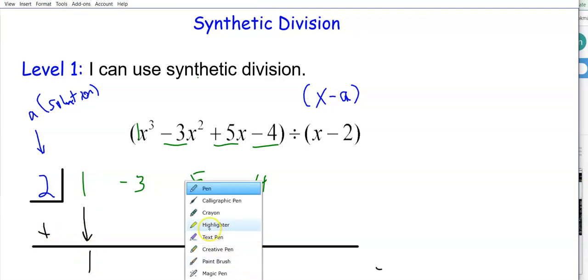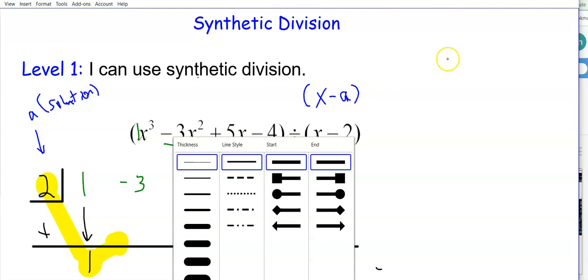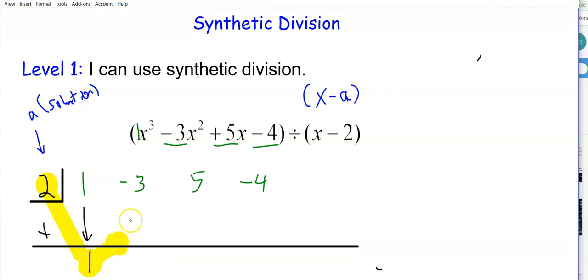Now to get the next term, you take this term times this term and put it up here. So we're going to take 2 times 1, and put that number right there. 2 times 1 is 2, and we add vertically. -3 plus 2 is -1.